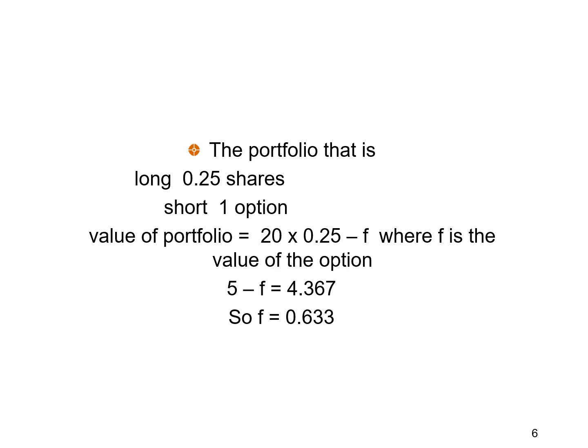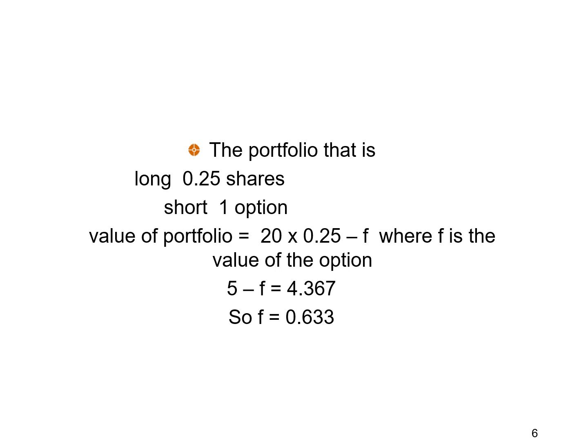So you're long on 0.25 shares of the underlying and short on one call option. So today the value of your portfolio should be $20, which is the price of the security today, times 0.25 minus F. So F is nothing but the value of the call option.